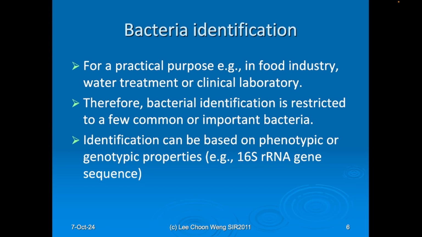The standard identification now is the 16S rRNA gene sequence. The gene sequence is about 1,500 base pair. That gives enough information for you to identify the bacteria to species level.